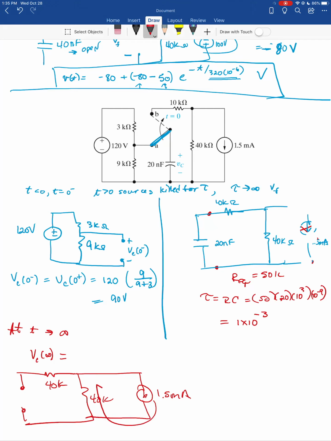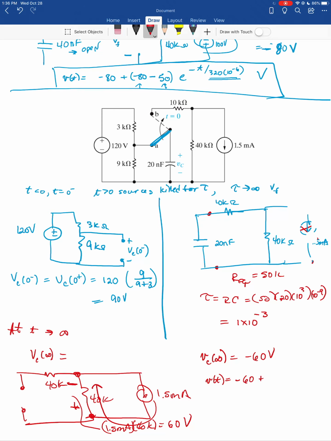We have 1.5 milliamps. And note that all of the current will go through the 40K resistor, giving you a voltage of 1.5 milliamps times 40K, or 60 volts. Notice that the polarity is in this direction. Our original voltage polarity was in this direction, the opposite direction. So VC at infinity will be negative 60 volts.